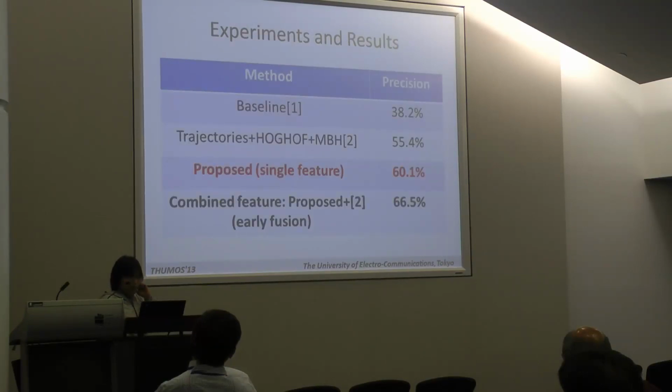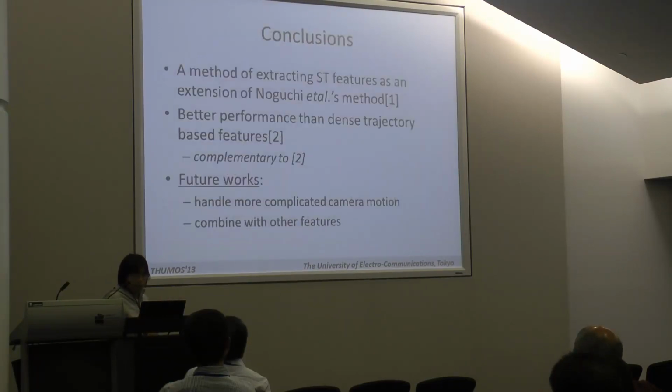As you can see, our proposed feature significantly improved on the baseline, and we achieved slightly better results than the dense trajectory-based feature. We also combined our feature with dense trajectory-based features using early fusion and obtained this result. This result, 66%, is the result that we submitted to the challenge.